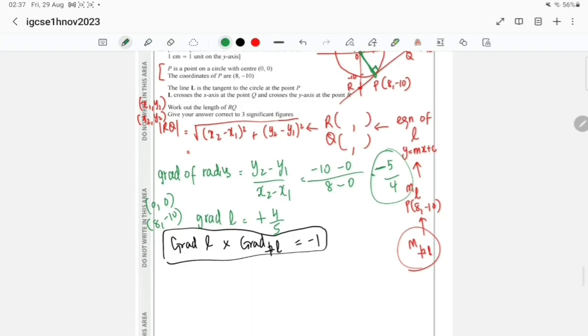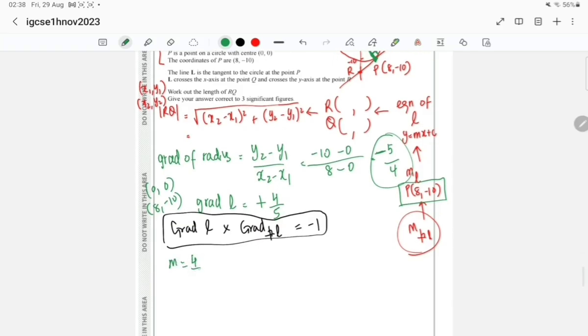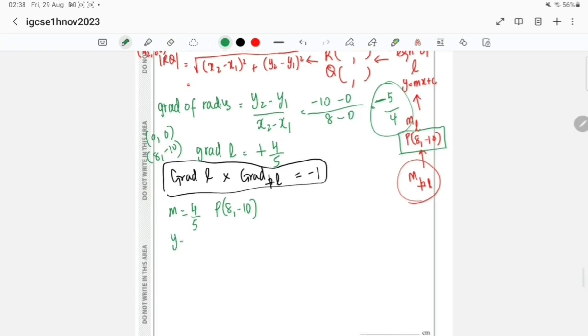Now I know that my gradient of L is 4 over 5 and I have this point that passes through this line. So m is equal to 4 over 5 and the point P is (8, -10). I can use the straight line equation y equals mx plus c to find the equation of L. So y is minus 10, m is 4 over 5, x is 8, plus c.